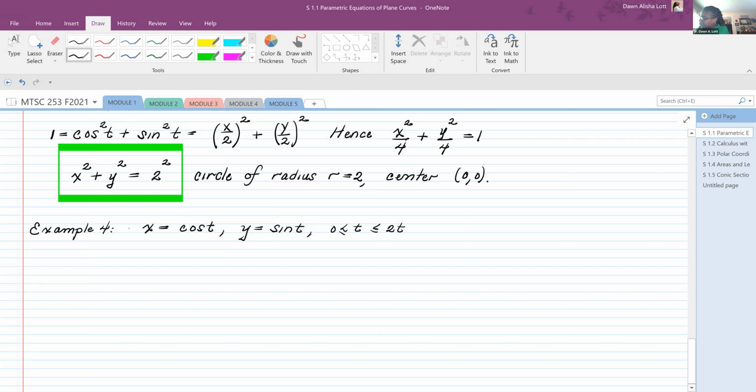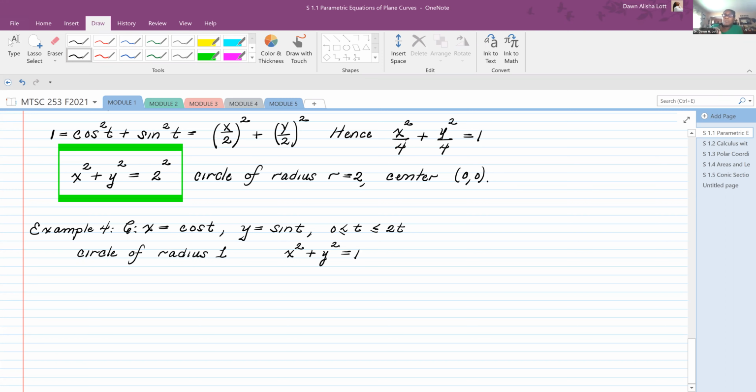So this is my curve. All right, so just from what we had before, I should know now that this one is going to be a circle of radius 1. Because when I do that, I get cosine squared, which is x squared, plus sine squared, which is y squared, is equal to 1. So that's nice and simple.